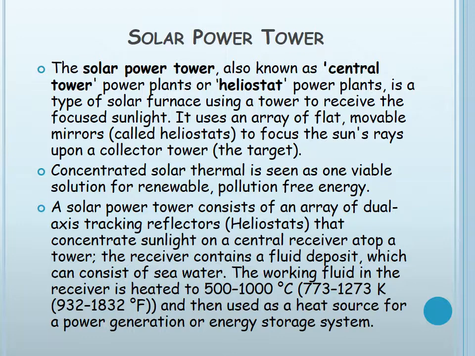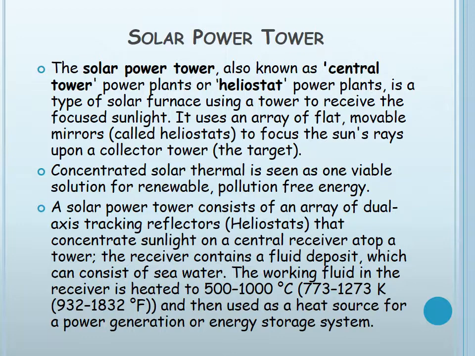The solar power tower is usually like a furnace using a tower to receive the focused sunlight. It uses an array of flat movable mirrors, called heliostats, to focus the sun's rays upon the collector tower, which is the target. So the target is the tower. The heliostats take the sunlight and reflect it onto the tower. So that's how it works.